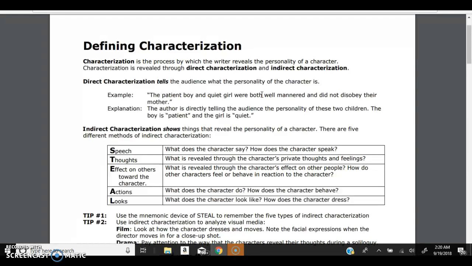Direct characterization is a telling of the audience by the author or the writer of the personality. It does not require any inference skills. Whereas indirect characterization is about showing, that is revealed through what we would consider our 5 different methods, the STEAL method: through their speech, their thoughts, their effect on others, their actions, and their looks.